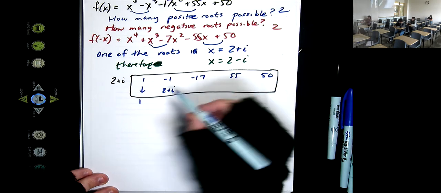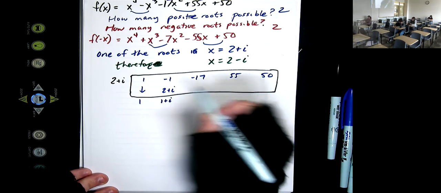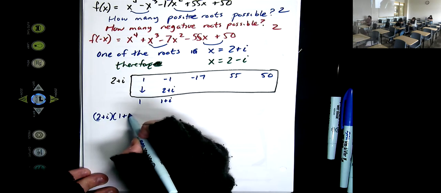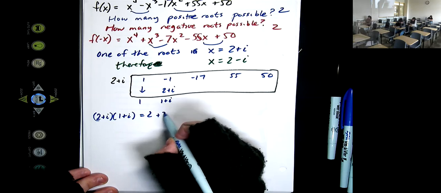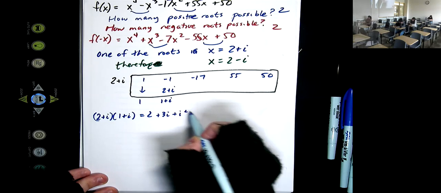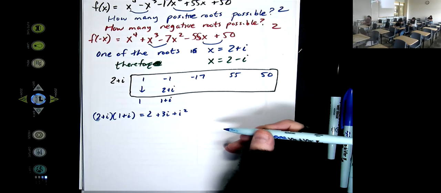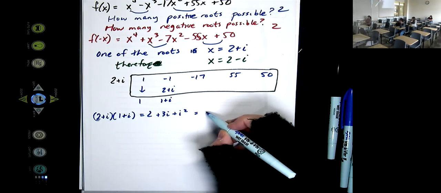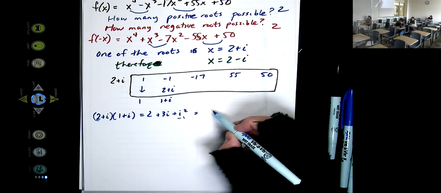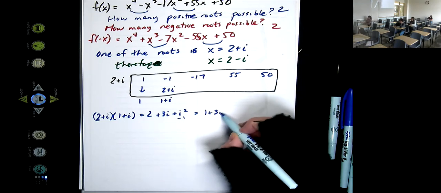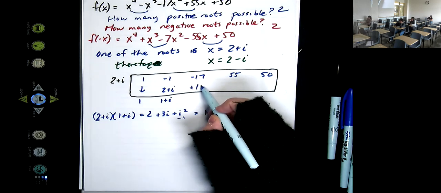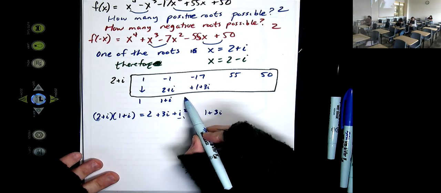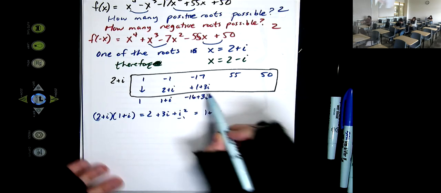We had -1 times 2 plus i. We've got 1 plus i. This is where it gets a little tedious. That's a -1 though, so I got 1 plus 3i. I add that together, I got -16 plus 3i. Oh, this is getting ugly.